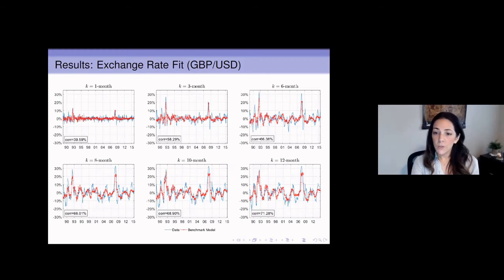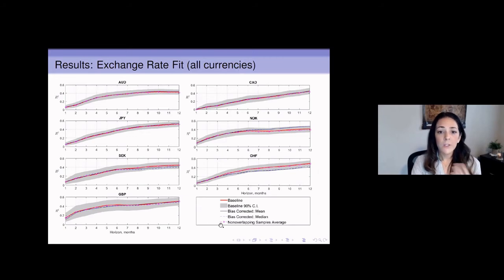And I'm going to show you some general results for other currencies as well. So this is the Australian dollar, Japanese yen, the Swedish currency, the UK again, Switzerland, Norway, and Canada, all relative to the US dollar. And what I'm plotting here is the R square. So if I run a regression of the data on my model, the R square is going to give me a measure of how close those two are from one another.